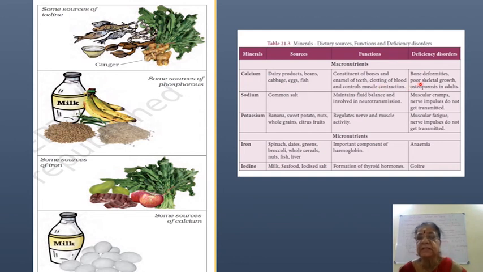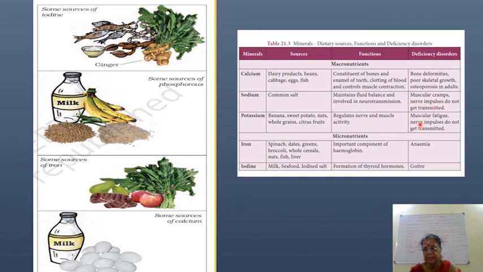Okay, then calcium: dairy products, beans, cabbage, eggs and fish. இதுல வந்து calcium deficiency: bone deformities, poor skeletal growth, osteoporosis. Osteoporosis na it is a defect in bones. Sodium deficiency வந்து muscular cramp, nerve impulses do not get transmitted. அதனால walking difficulty aged people க்கு வருது இல்லையா, less sodium ion, more potassium ion இருந்ததுன்னா difficulty in walking due to transmission of nerve impulses.